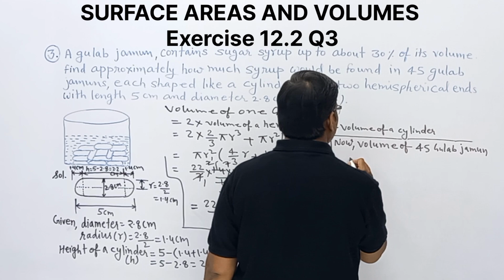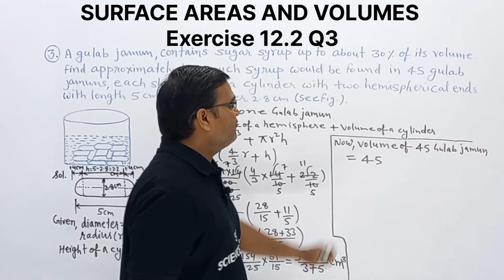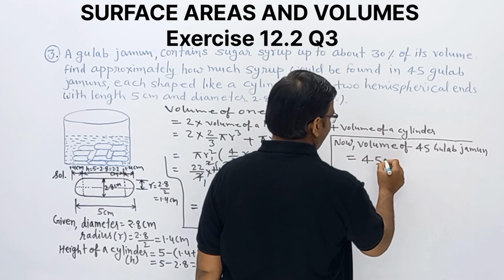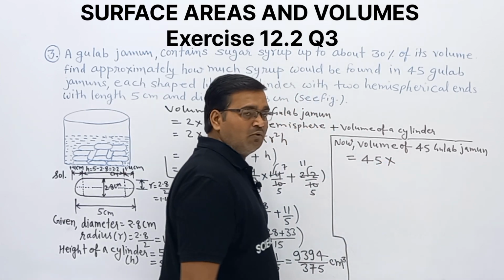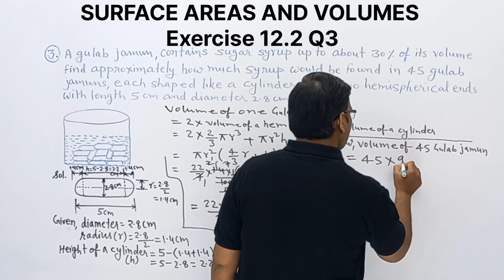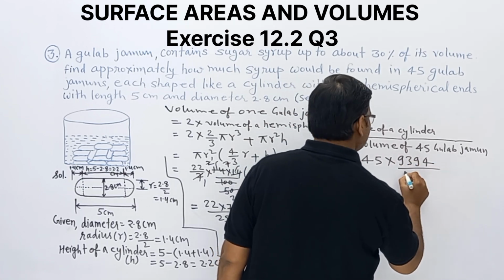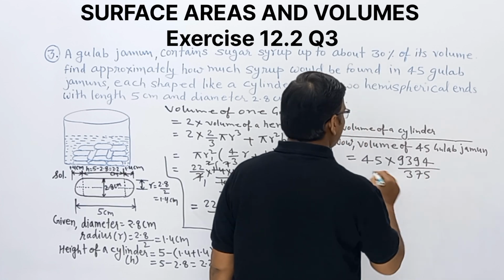Volume of 45 gulab jamun will be, one gulab jamun volume is this one, multiplied by 45 of one gulab jamun volume, and one gulab jamun volume is what? 9394 divided by 375. Solve this one.